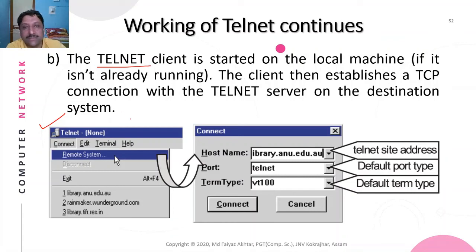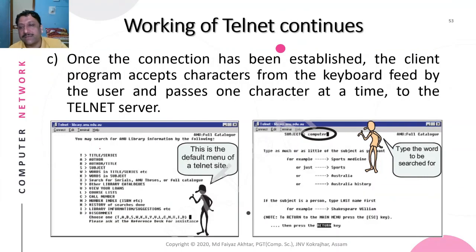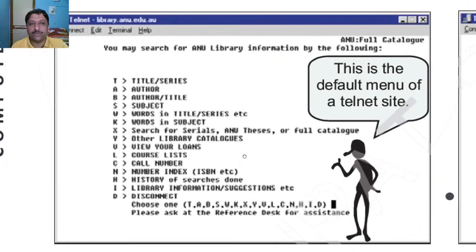Just go to Run, then TELNET, open this terminal, then connect to remote system, give these details, and click the Connect button. Once connected, a menu will be displayed. You type the menu letter given here and press the Enter key, and one by one it will display all those things.